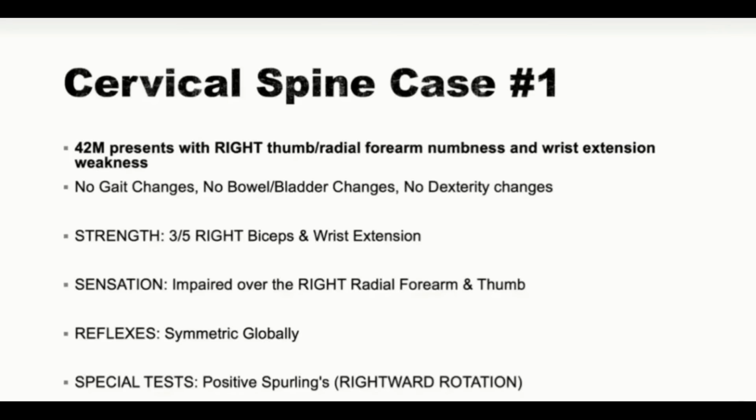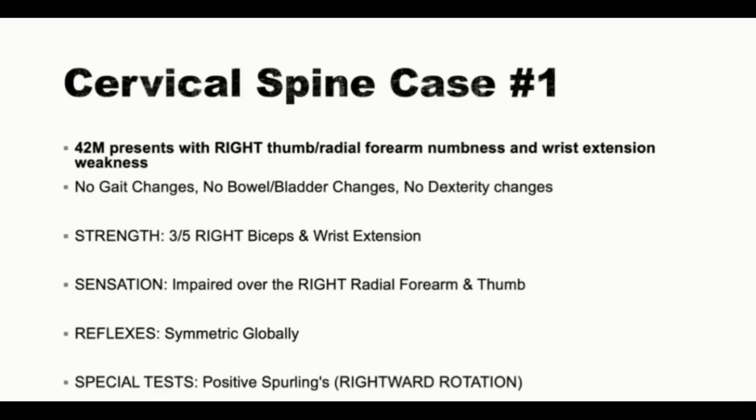They can move it with gravity removed, meaning if I'm going to test anti-gravity with my elbow, I have to lay the patient's arm on the exam table or whatever apparatus you want to use, and see if they can make that move now with gravity removed. And then 1 being firing of the muscle without appreciable strength or motion. So 3 out of 5, the patient's anti-gravity in those C6 myotomes.